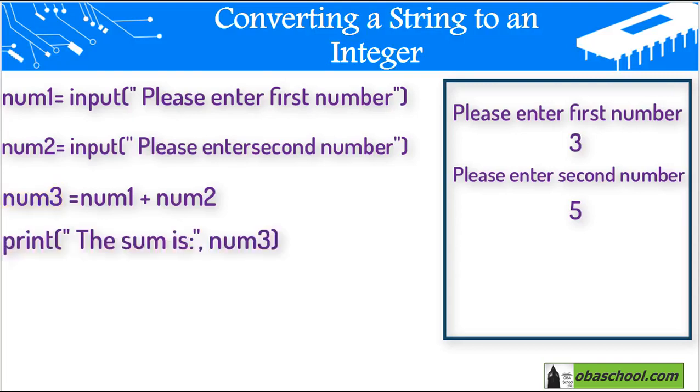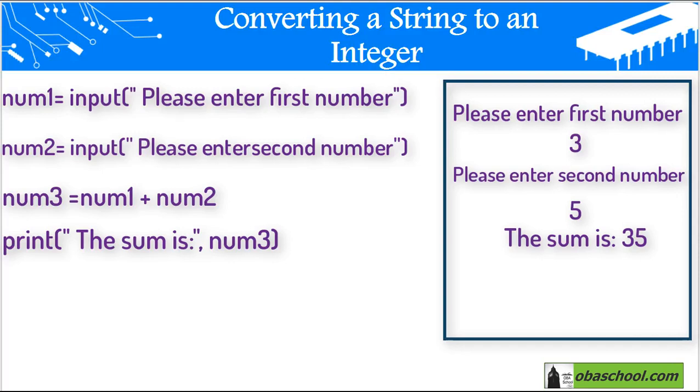So we put print and we open brackets and quotations the sentence that we need to show to the user. We put the sum is, and then we close the quotations and put comma, and we put the variable of the summation, which is num3, then we close the brackets.